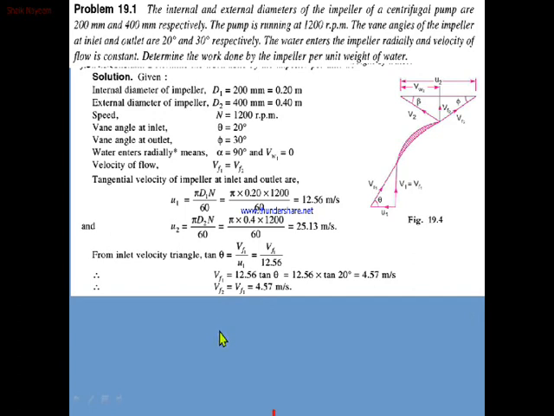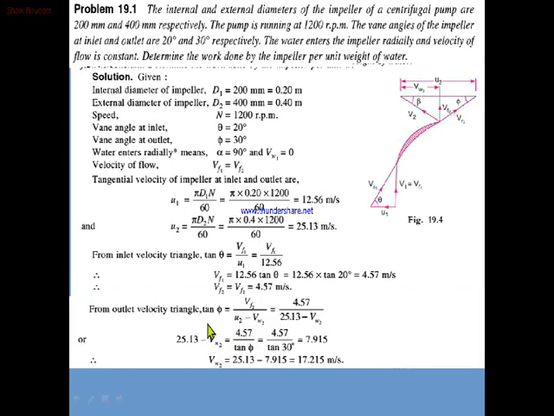Then from the outlet triangle, we will write tan phi equals Vf2 by u2 minus Vw2. Vf2 we know, u2 we know, and Vw2 we need to calculate. So from that we will get Vw2 as 17.215 meter per second.